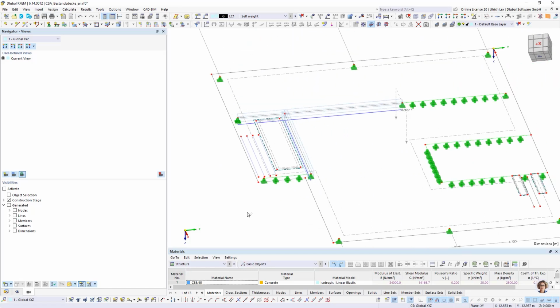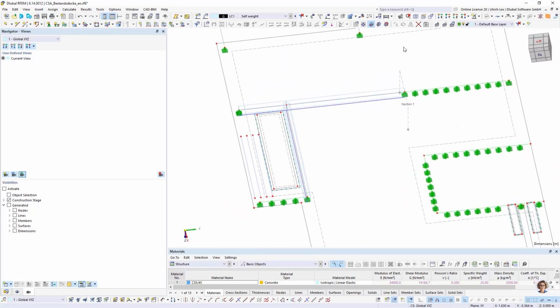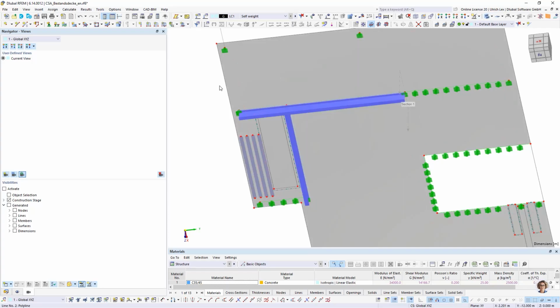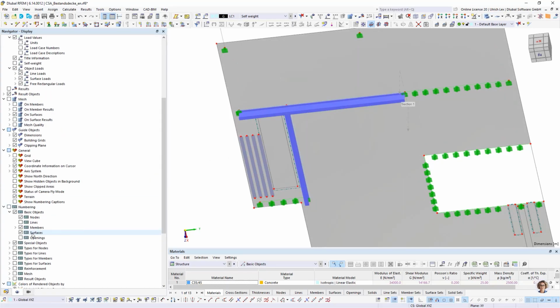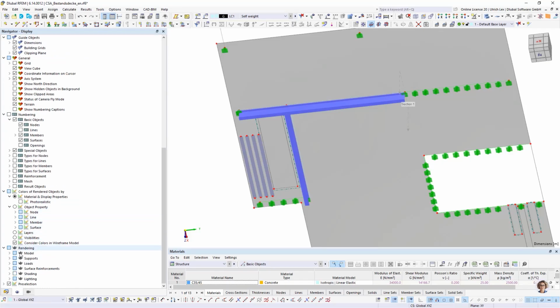Okay, for this type of rebar, it is important that the section of the rebar and the section of the surface are connected.